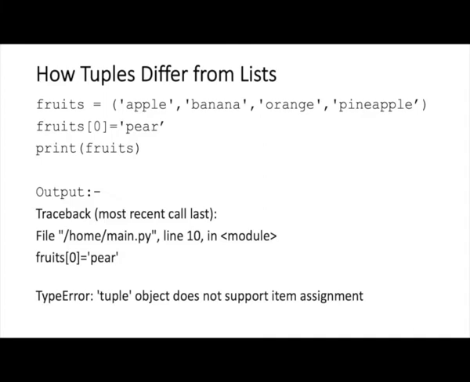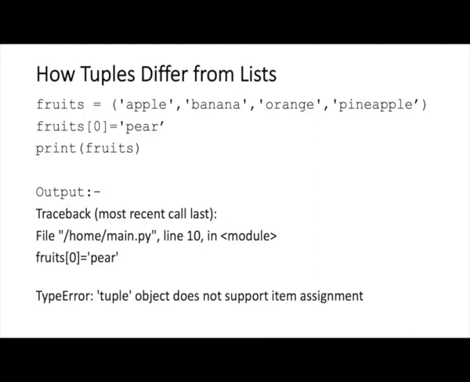And I try to replace the element at the 0th index, that is the first element. Instead of apple I want to put pear. So, I say fruits of 0 equal to pear. Then I try to print the fruits tuple.